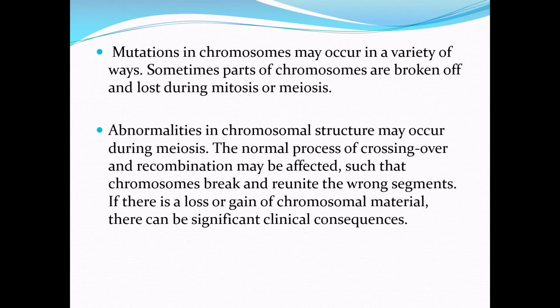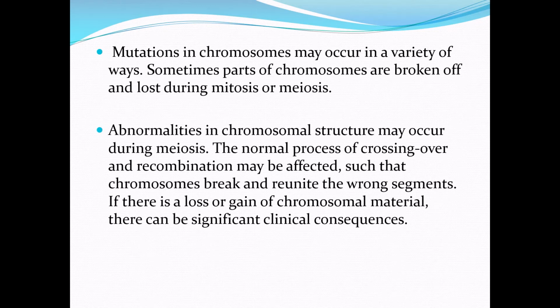Mutation in chromosomes may occur in a variety of ways. Sometimes parts of the chromosomes are broken off or lost. Abnormalities in chromosomal structure may occur during meiosis. The normal process of crossing over and deletion may be affected such that chromosomes break and reunite the wrong way.